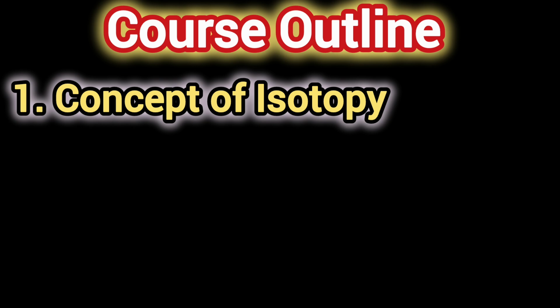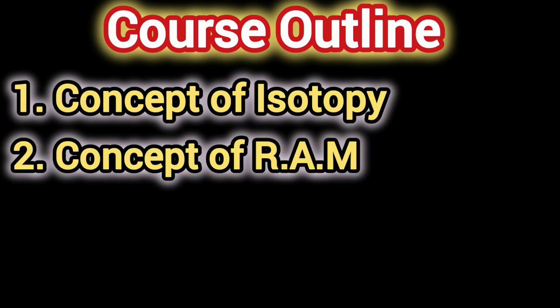In the first section, we will discuss the concept of isotopy. Secondly, we will be addressing the concept of relative atomic mass. Under this section, we will be learning how to calculate the relative atomic mass using percentage abundance and even ratio.